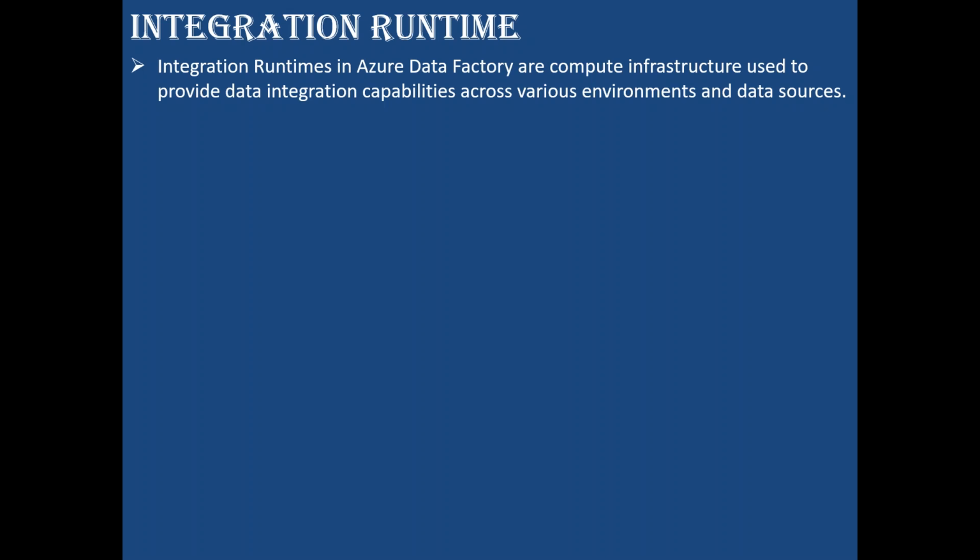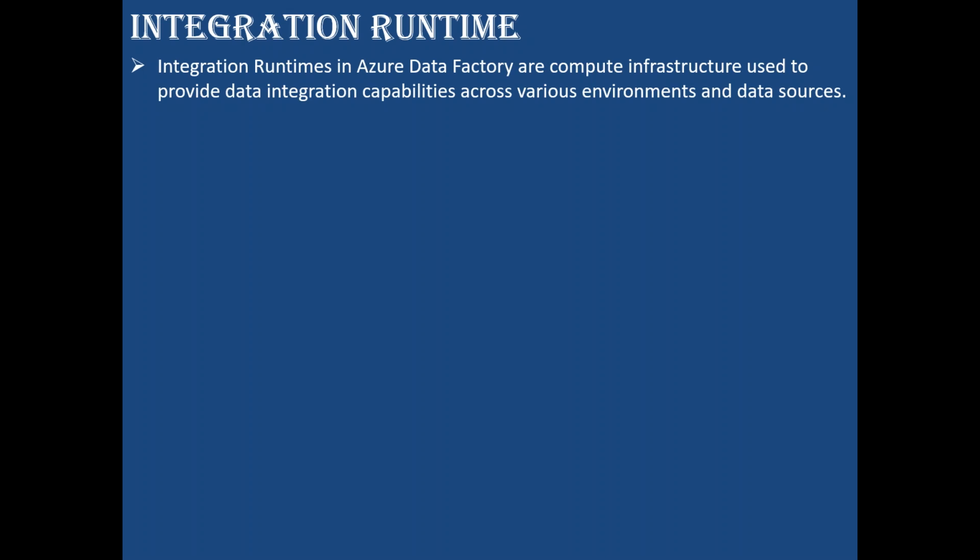Similarly, there are some source systems deployed inside a virtual network, which is one more layer of protection for our resources. If we have resources deployed inside the virtual network, to connect to them we need a separate integration runtime. That's where the different types of integration runtimes come into the picture, which I'll explain to you.